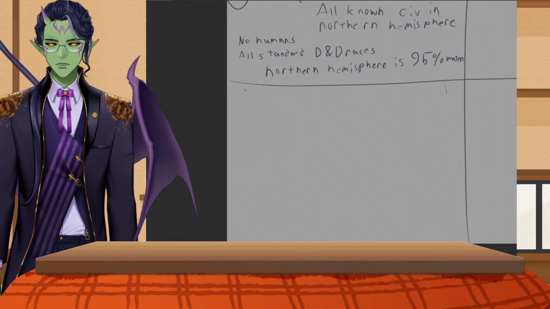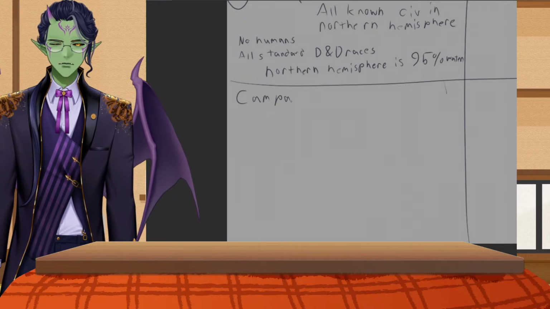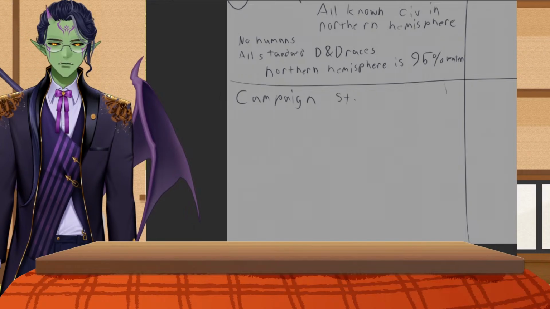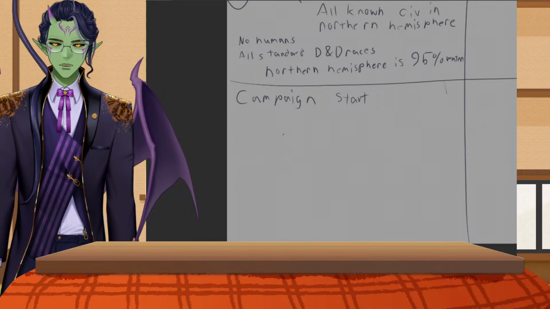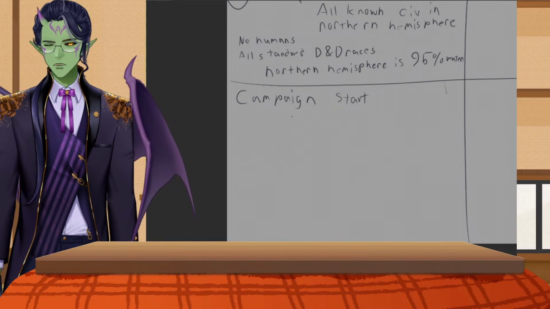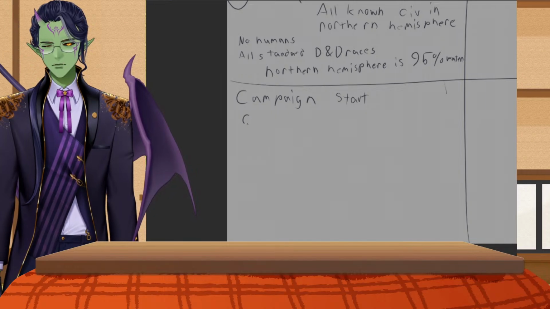The campaign start. So at the start of the campaign, there's a coalition from the north of all of the different races.